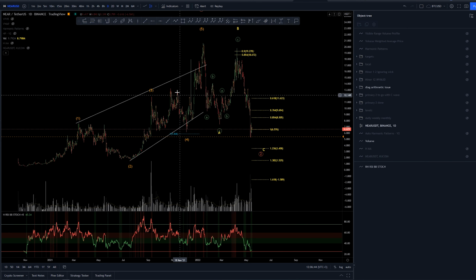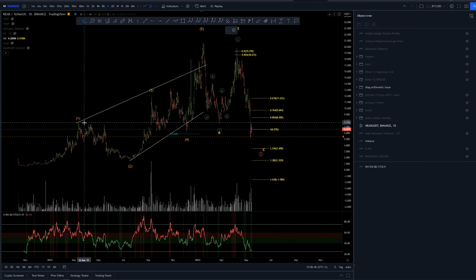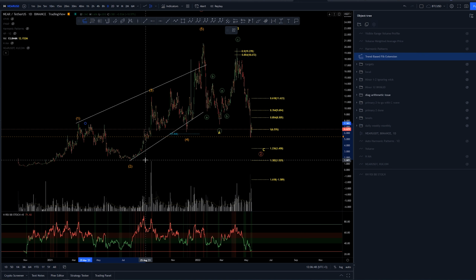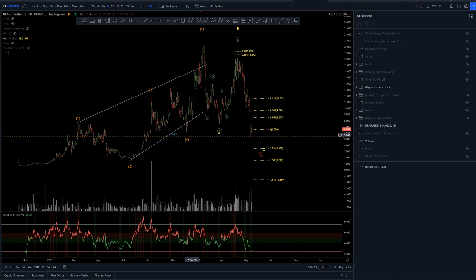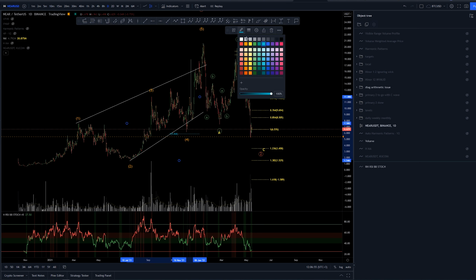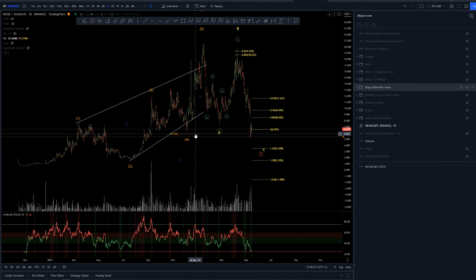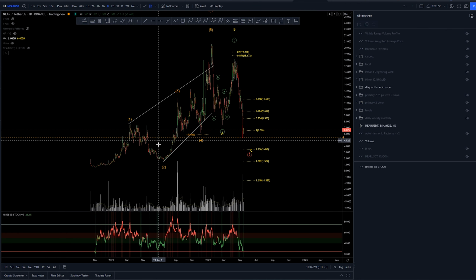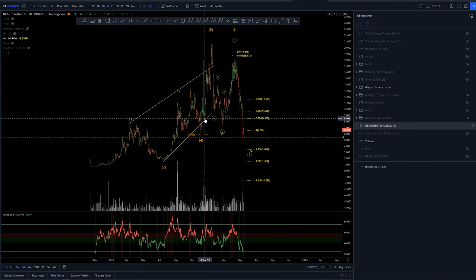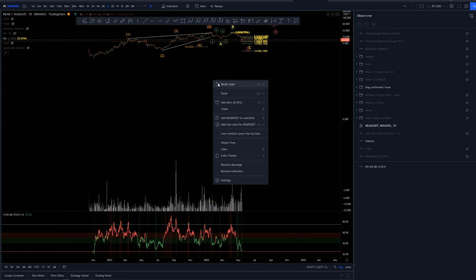Also in expanding diagonals, wave 4 should be larger than wave 2, which it is not, measured here, which makes this really not an expanding diagonal. Also the structure, how it looks on arithmetic scale, makes this a really bad looking structure. So yeah, there are issues with this one as well.